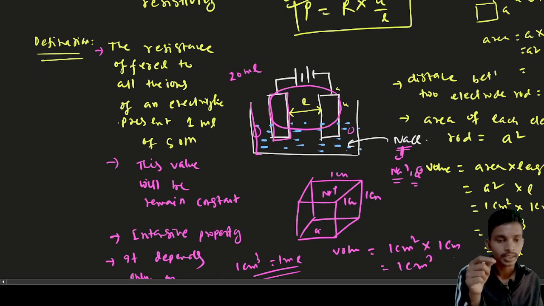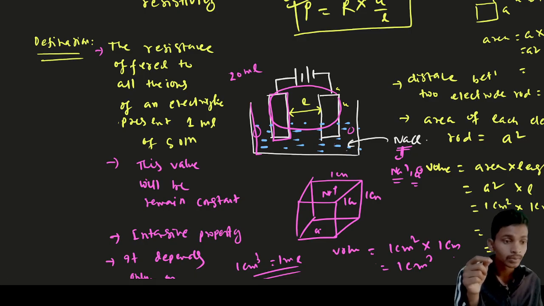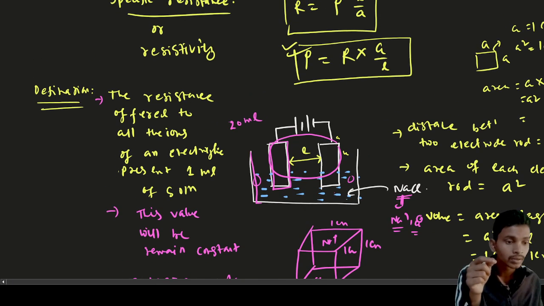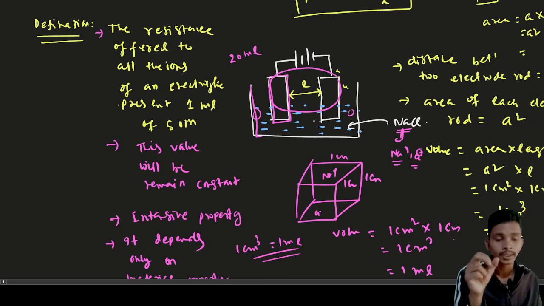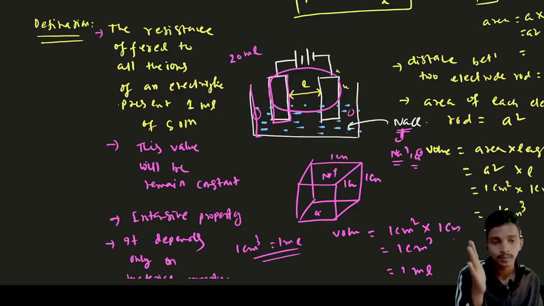These are electrode rods, the length between the two electrode rods is L, and the area of each electrode is A. In an experiment, these rods remain the same, and the distance between the two rods also remains the same, because while doing any experiment we maximum keep the distance between two electrodes constant, and the area of each electrode constant, because we are just changing the electrolytes.